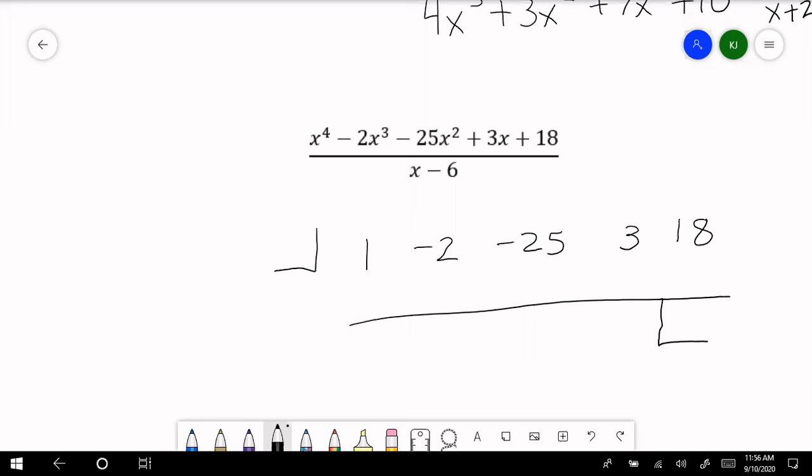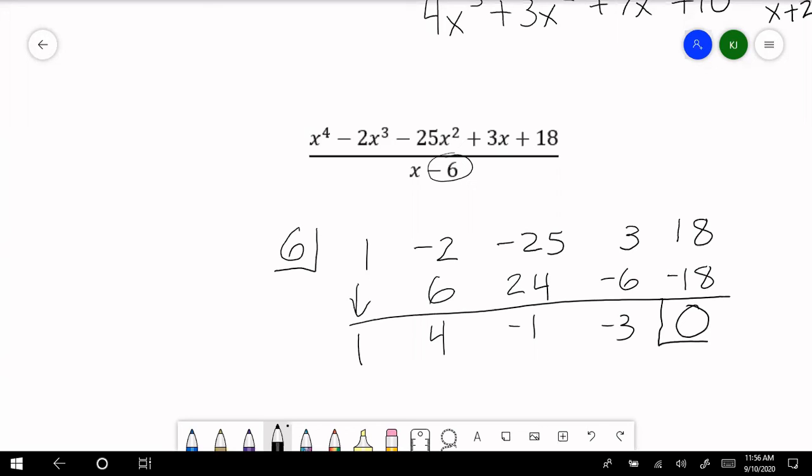What number goes in the box? Oh, 6. It's the opposite of that. Bring it down, multiply, add, multiply, add, multiply, add, multiply, add.